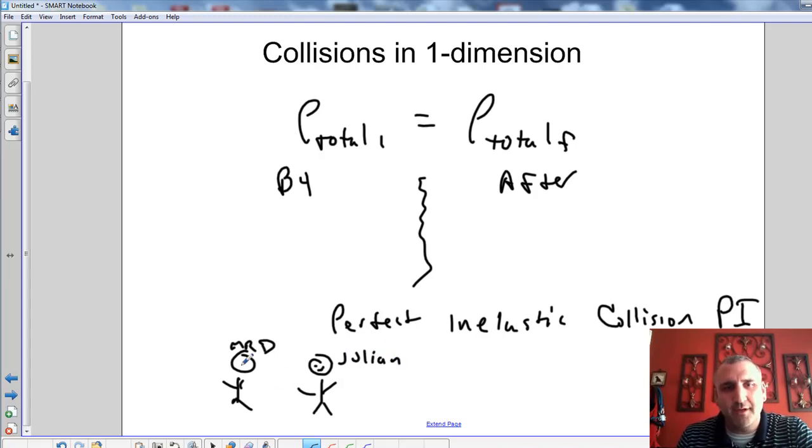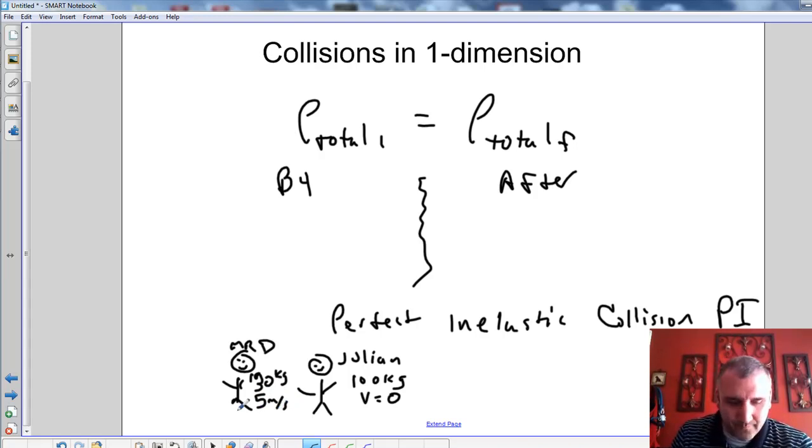Now let's say I'm running at Julian, and Julian has a mass of 100 kilograms and his velocity is 0. For argument's sake, let's say my mass is 130 kilograms, and I'm running at him at 5 meters per second. So I'm pretty quick.